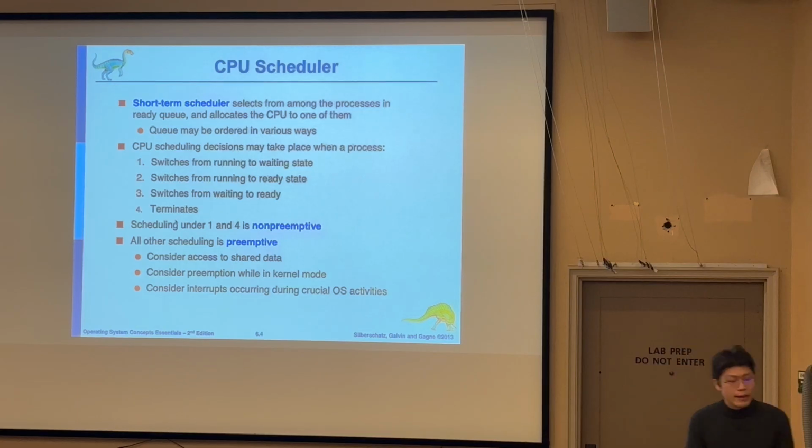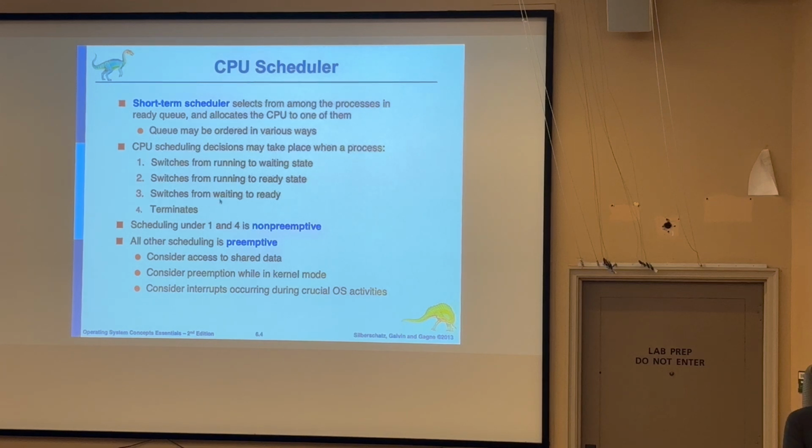Okay. And so these are the locations where scheduling decisions need to be made. When you switch from running to waiting, you need to pick the next process to switch to. When you switch from running to ready, you are also picking the next process to switch to.